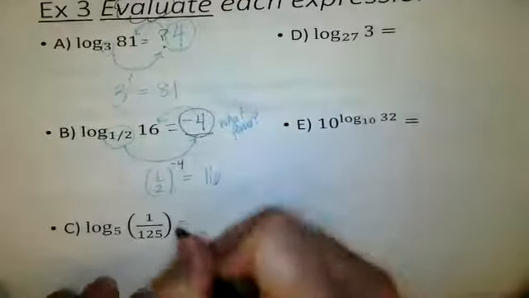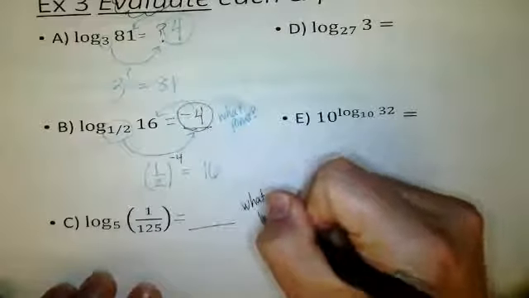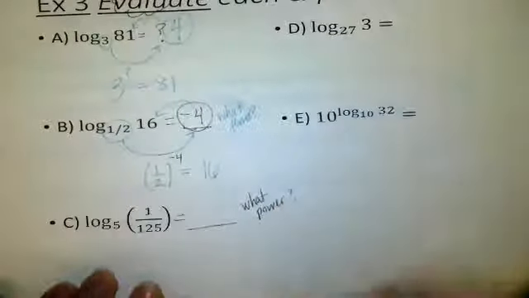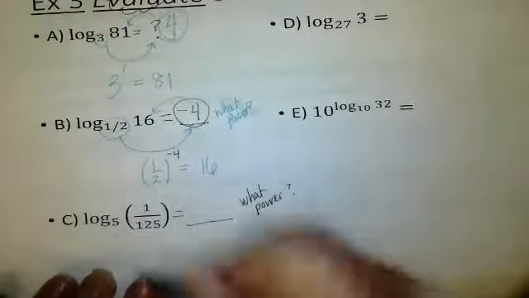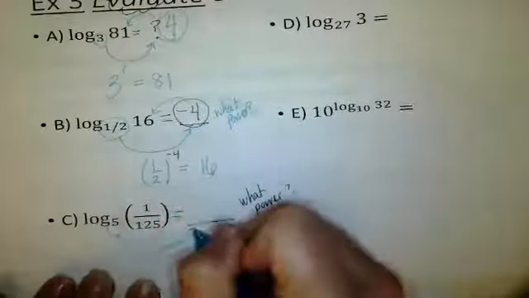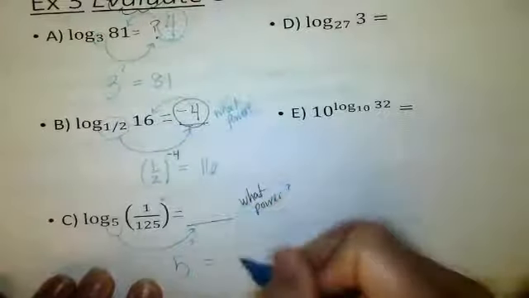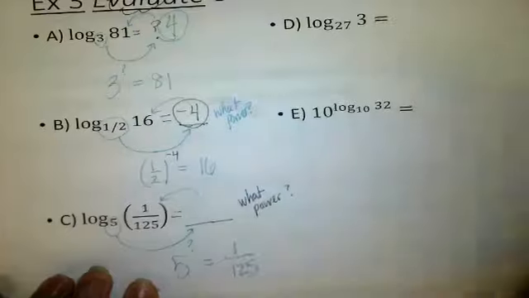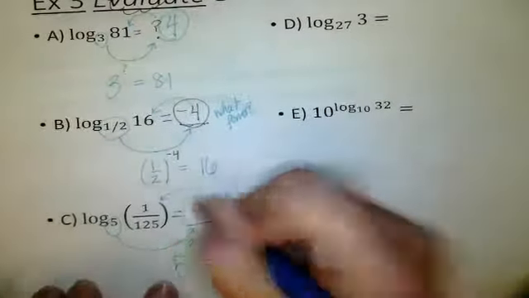Here, again, we want to know, what does this equal? And again, we don't think in terms of logs. How do you drop a log? Give it a swirly. So 5 to what power gives us 1 over 125? Negative 3. Very good.